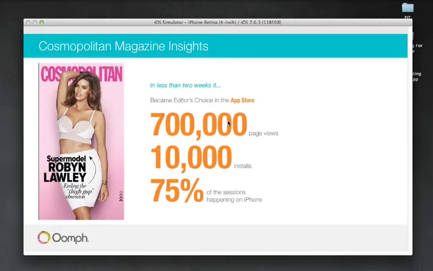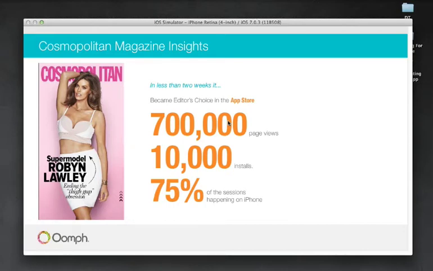Some of you may already know, but one of our clients' magazines, Cosmopolitan magazine, has recently been launched for iPhone just over 2 weeks ago, and it has some great response, and we'd like to share that with you now, so you can kind of get an idea of what it might be like in your case. So, as you can see, 700,000 page views, which is just phenomenal for 2 weeks.